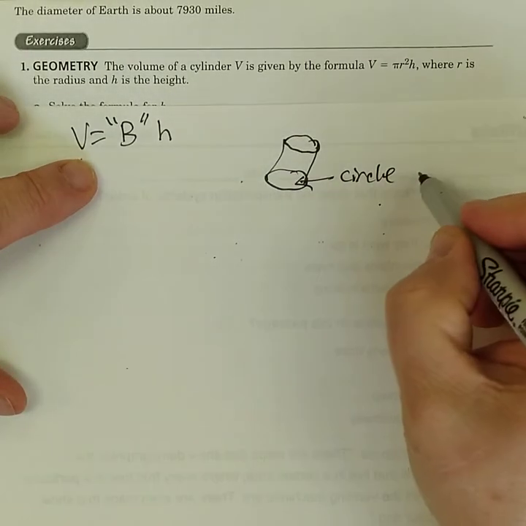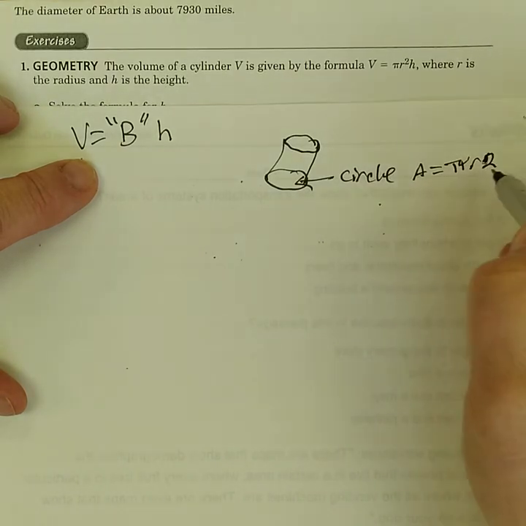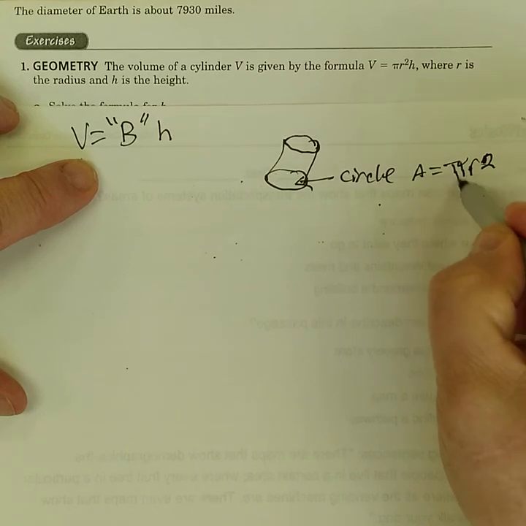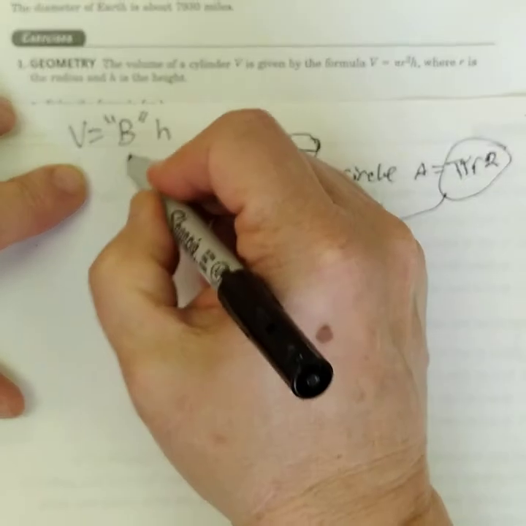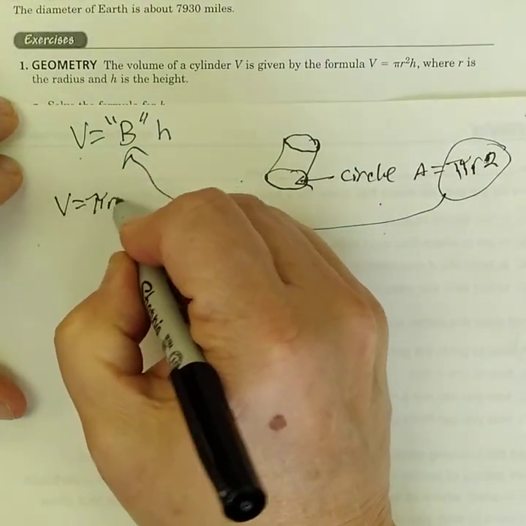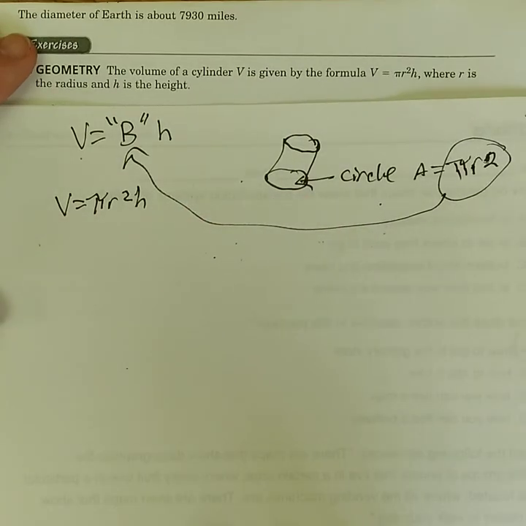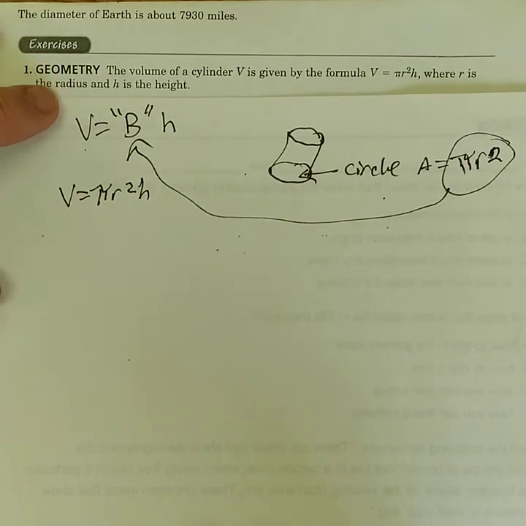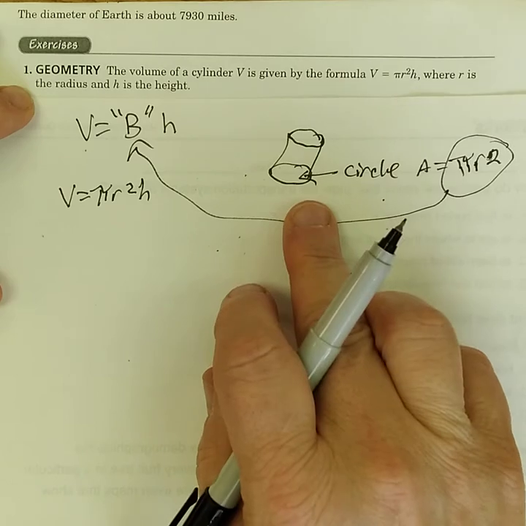So the area of the base, the area of this circle, equals pi r squared. That's how they got volume equals pi r squared times height. You might have missed that because we got cut short last year, and I just wanted to review that. Also, that's 8th grade math, and you've skipped 8th grade math.